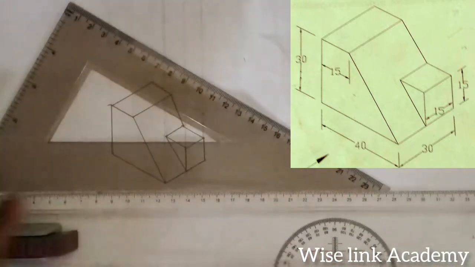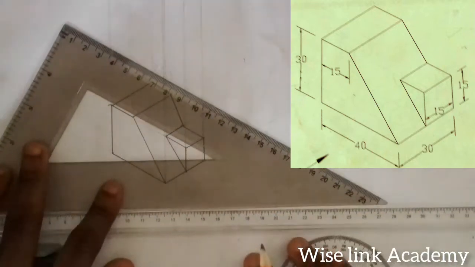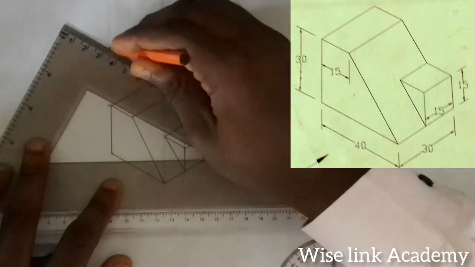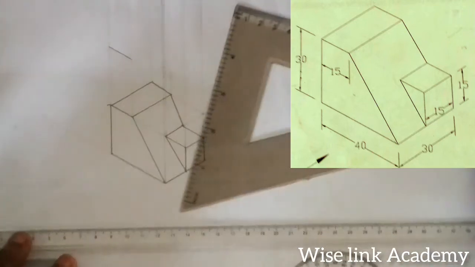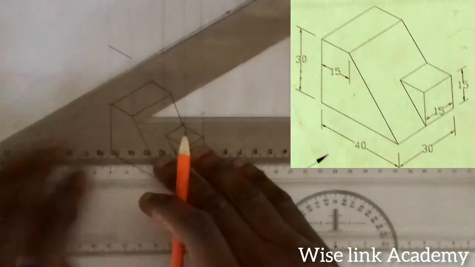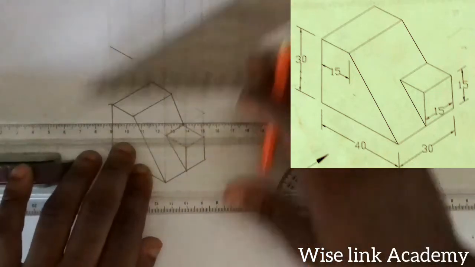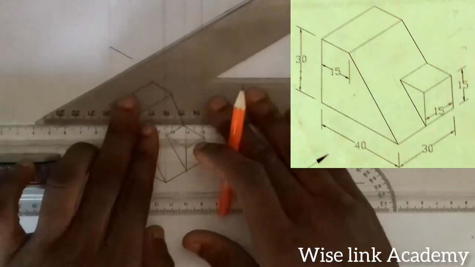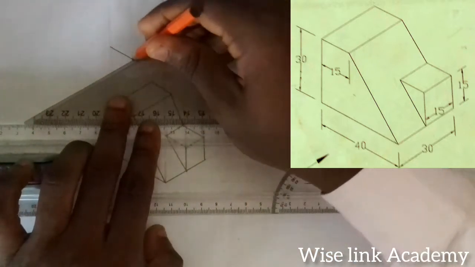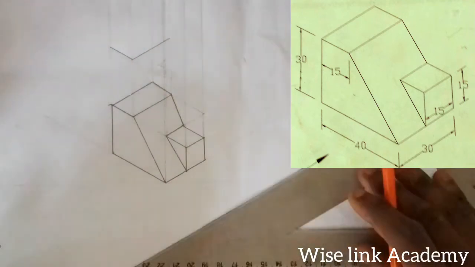I'll just come up, take a distance of your choice. So just connect this way, right? Then I can easily connect this point here. I'm trying to produce out the plan, what the plan will look like. So connect this this way, from this point here down to this point, as you can see.